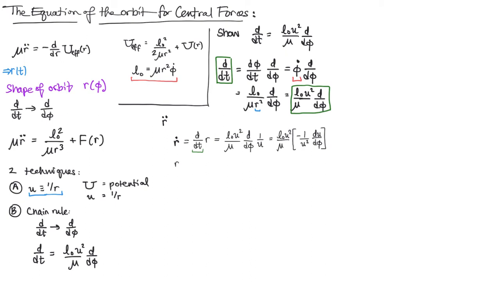So at the end of the day, we have an expression for r dot. We get this nice cancellation of these u squareds. We get minus L naught over mu, two constants, times du d phi. So that's step 1. Step 2 is to say r double dot is d dt of r dot, which is d dt of the thing we just found.